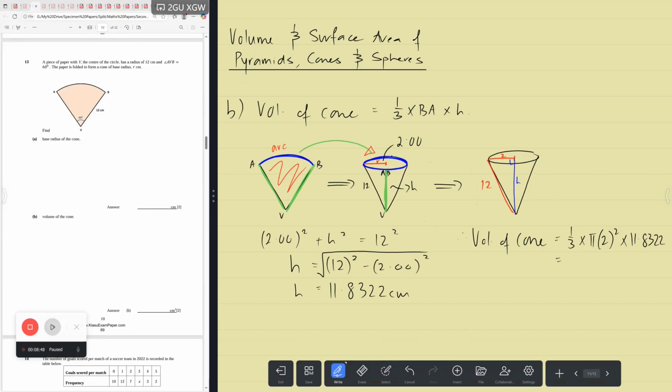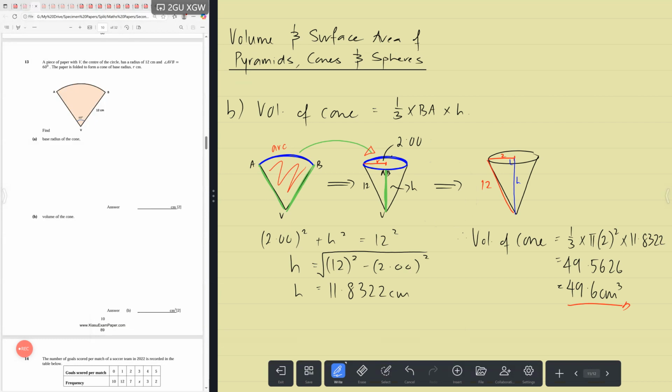Using our calculator, we get 49.5626. We need to correct this to three significant figures, so it becomes 49.6 cubic centimeters. This is the volume of our cone.